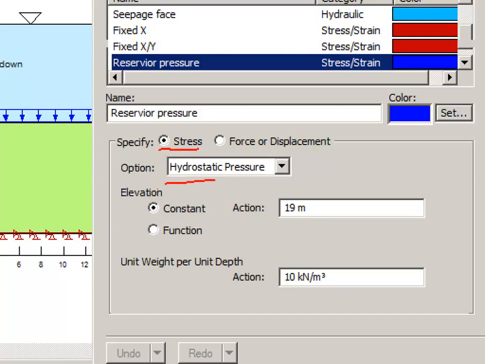There is a special type of boundary condition called hydrostatic pressure. The elevation, or the action in this case, is 19 meters. This is the full supply level of the reservoir, and the unit weight of the water I have rounded off to 10 kilonewtons per meter cubed.